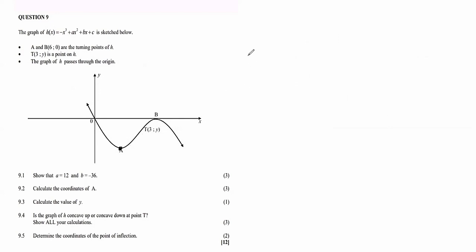So we know in order to calculate the coordinates of the turning point, we have to first derive. So let's first start by writing the original equation, h of x, which we did calculate. It was negative x cubed, followed by 12x squared, followed by negative 36x.